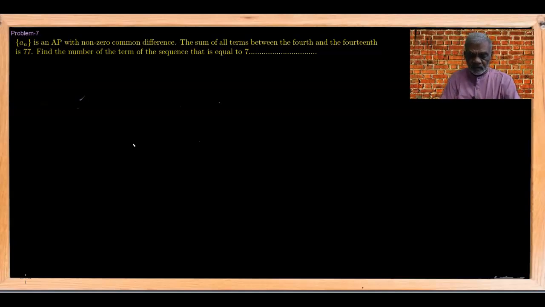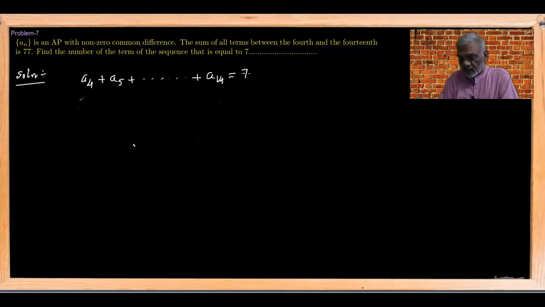The solution for this. Now, the sum of all terms between the 4th and the 14th, I mean A4 plus A5 plus, etc., plus the A14th term is equal to 77.